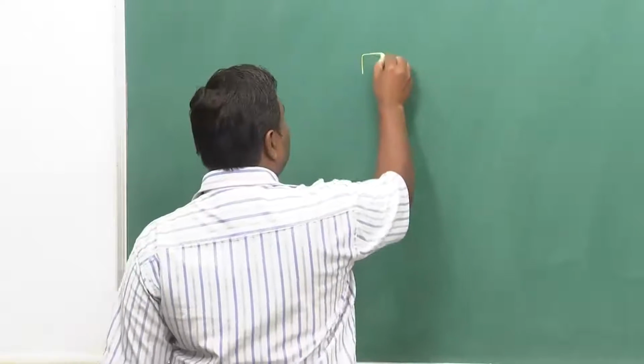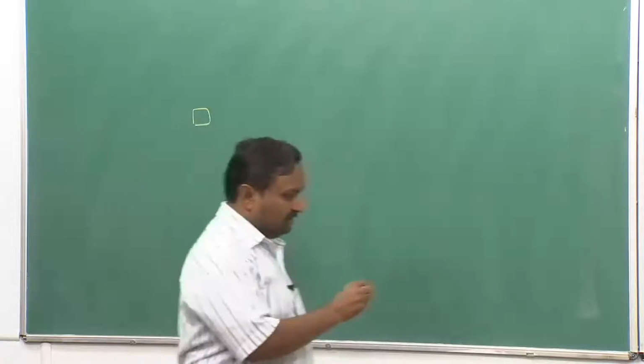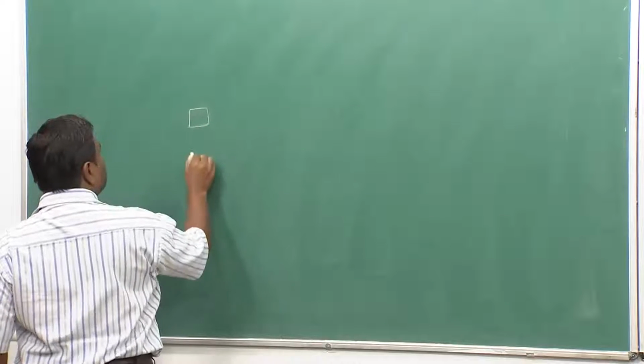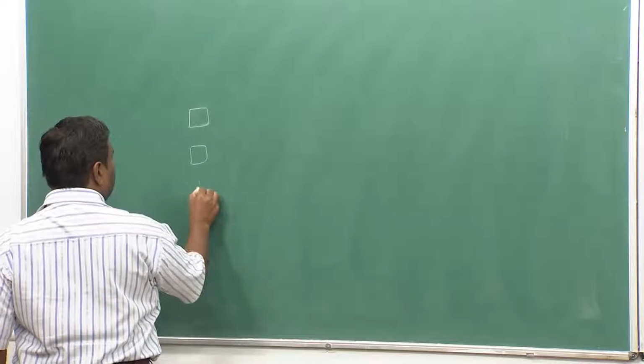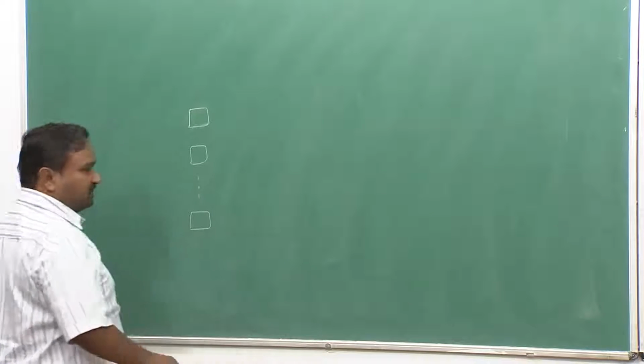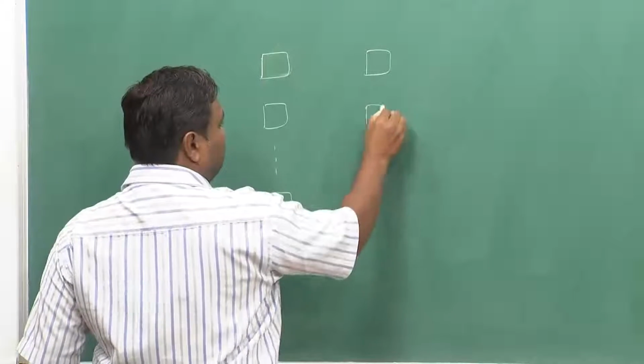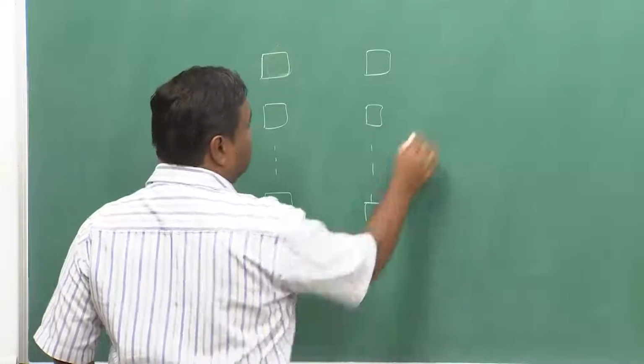So, when we build up a switch, normally a switch will have the first stage, the second stage and third stage, that is a closed configuration.